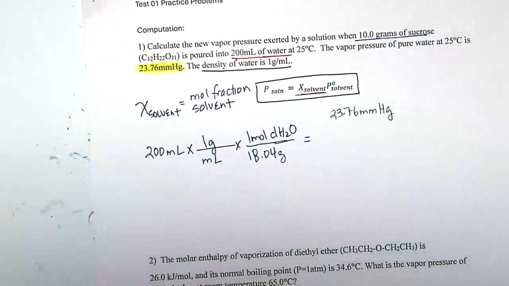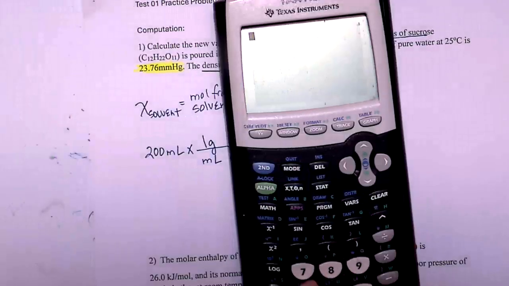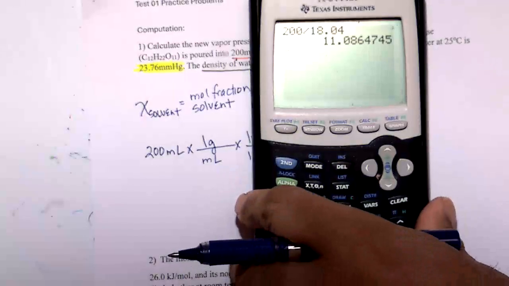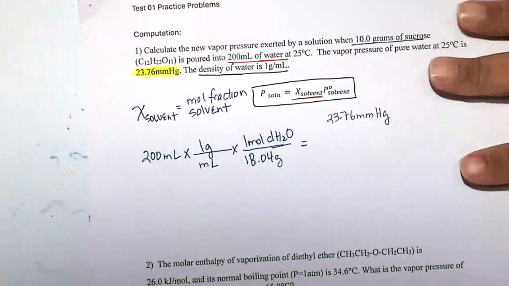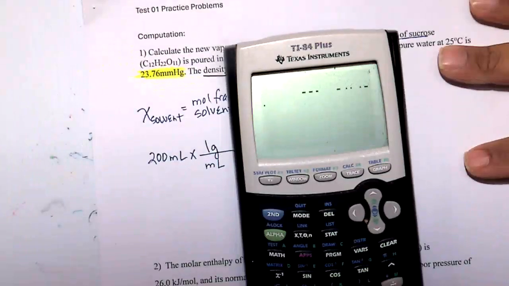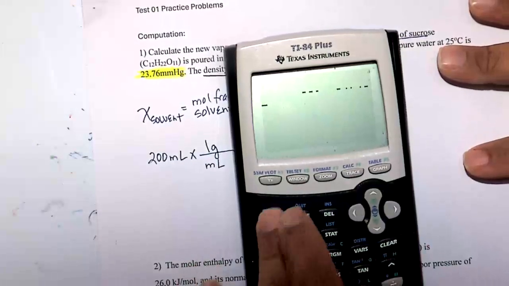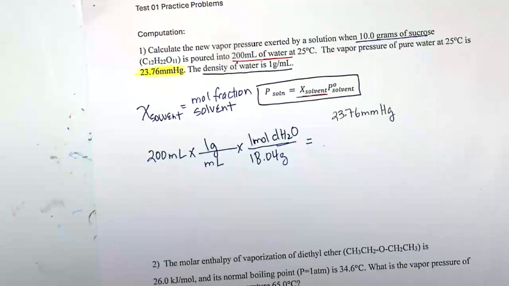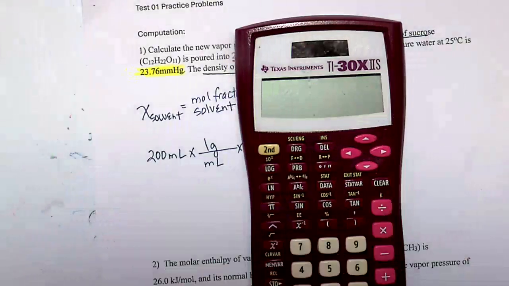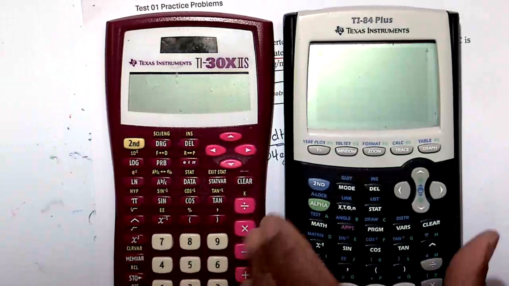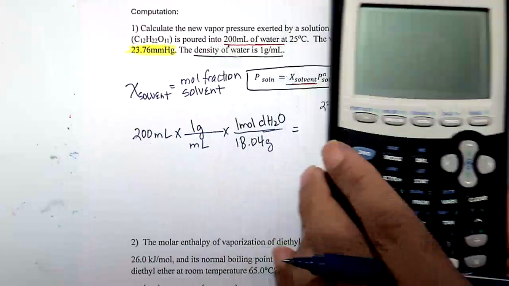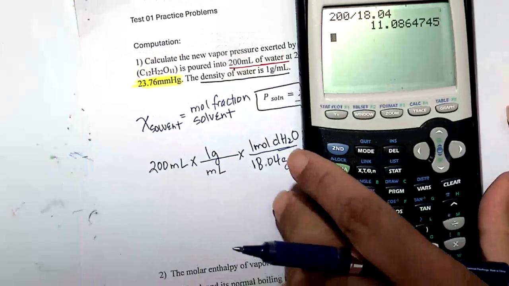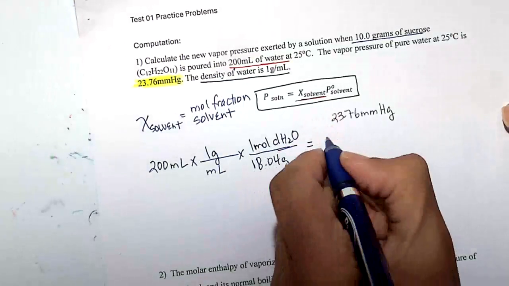So 200 divided by 18.04 is 11.086 moles of water.